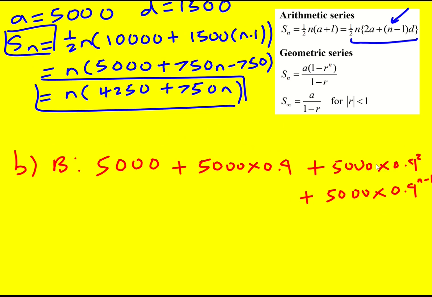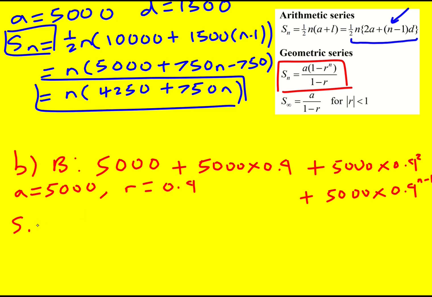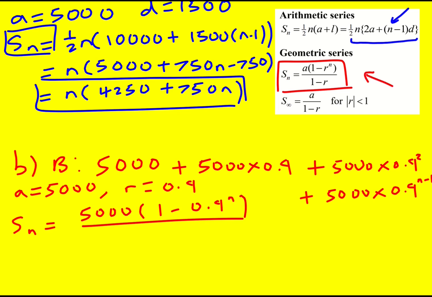But again, the main key thing, because we're looking for the total profit, is this formula here. So for us, I should have said a is again 5,000. Now r, this common ratio, is 0.9. So Sn is going to be 5,000 times 1 minus 0.9 to the n, over 1 minus 0.9. We quote these formulae without proof, so you can just use them.